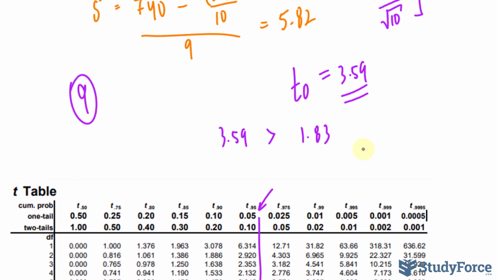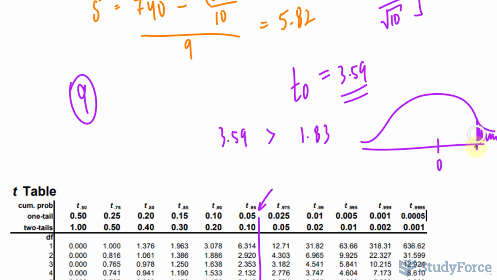And if we were to show this on a t distribution chart, when we found out what the t critical was at 1.83, and it's an upper tail, that's this region right here. So anything beyond this line would be rejected. 3.59 goes well beyond this rejection region.